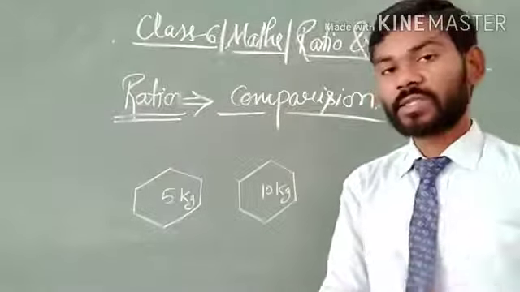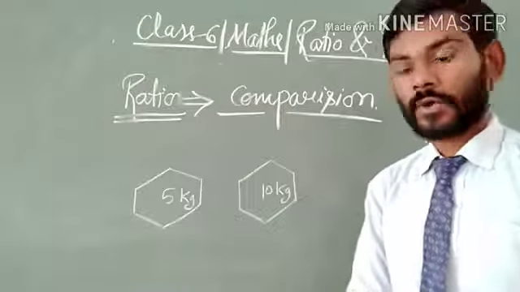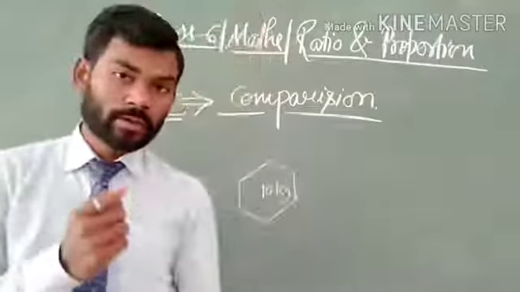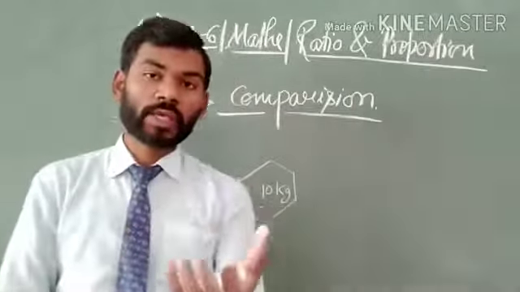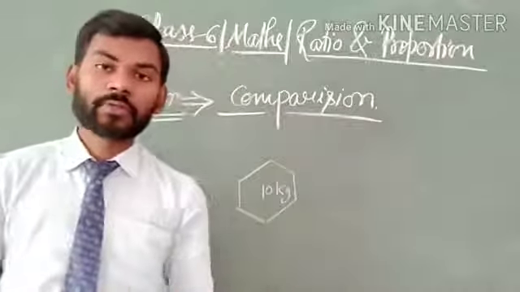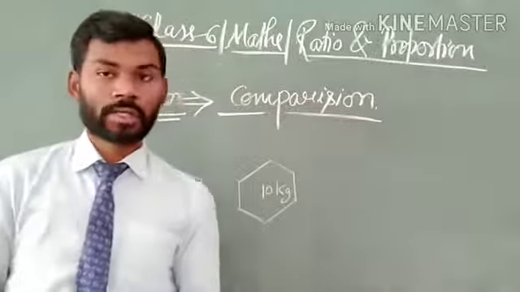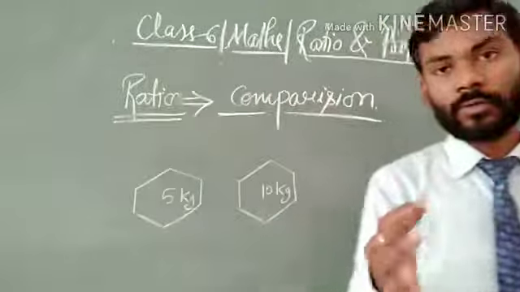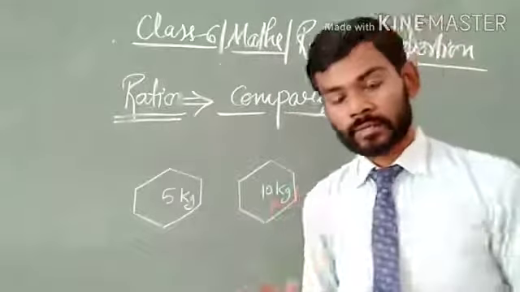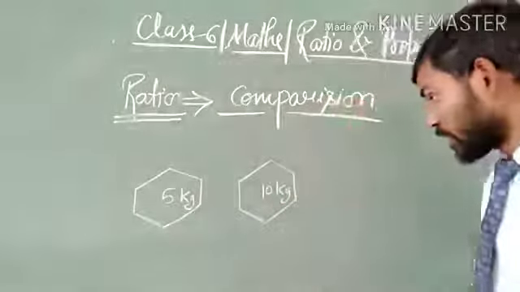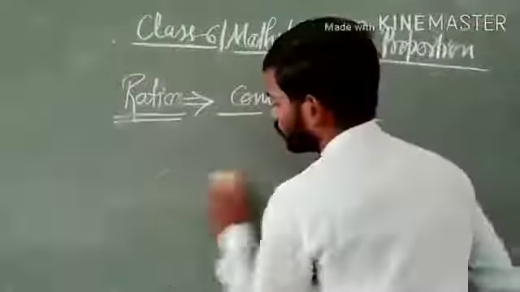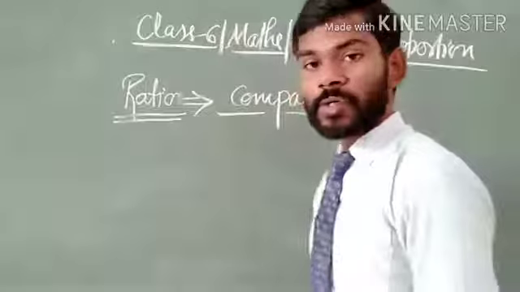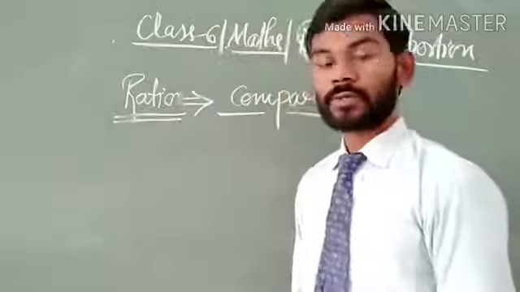So this process is called comparison, the process by which we can say which one is greater than the other. Ratio is done with two quantities. Therefore, comparison is only possible between two objects.